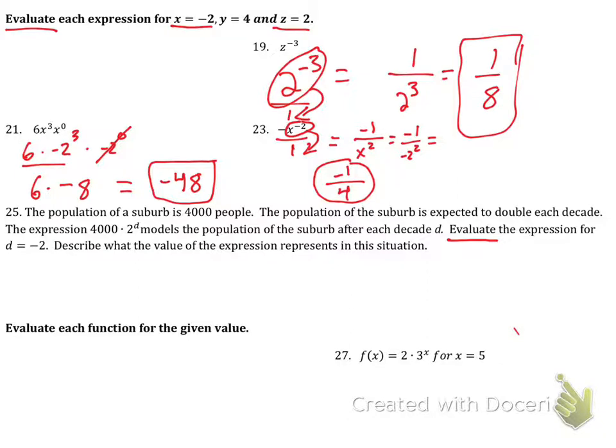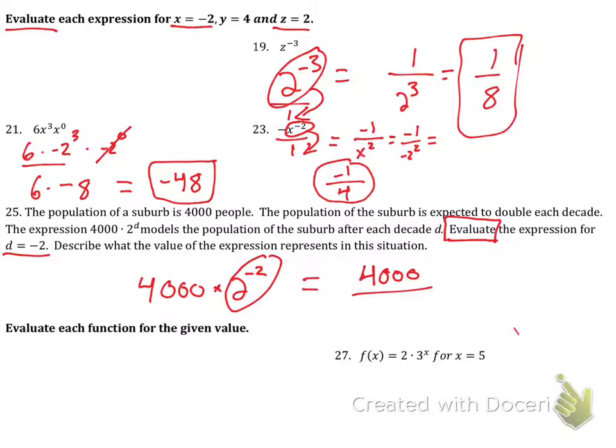So, evaluate, so all we got to do is plug in negative 2 for d. So it's going to be 4,000 times 2 to the negative second. Now we don't like that negative, so that's going to equal 4,000 over 2 to the positive 2, which is 4,000 over 4, because 2 squared is 4, and 4,000 divided by 4 is 1,000.